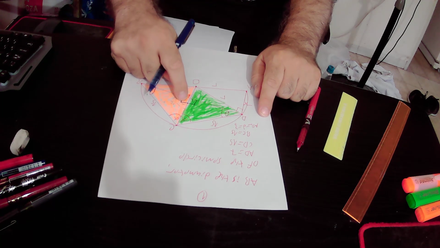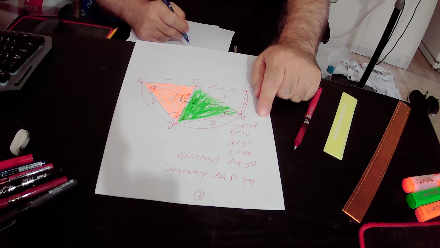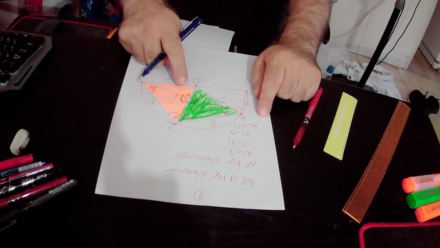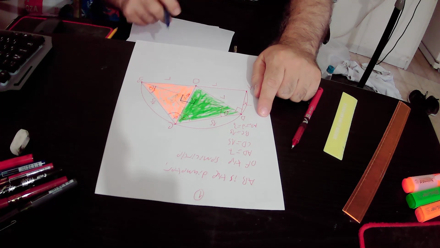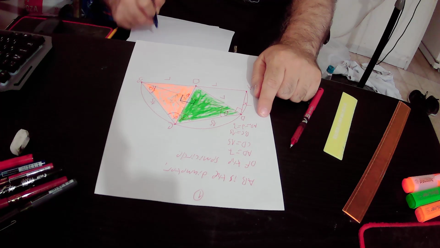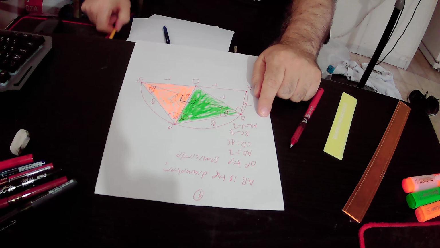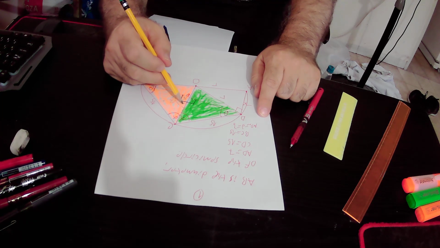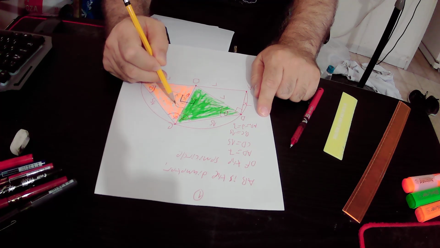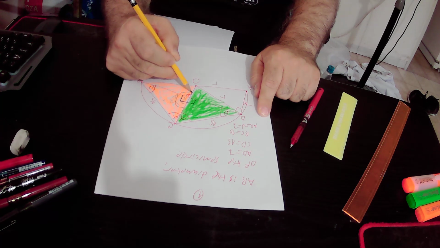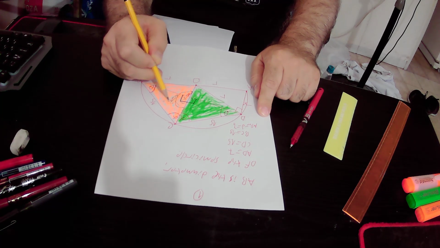That is to say, this angle that is 90 degrees plus this angle, angle OEB, must be equal to 180 degrees, because along a straight line, at one side, at a certain point, the sum of the angles is 180 degrees.